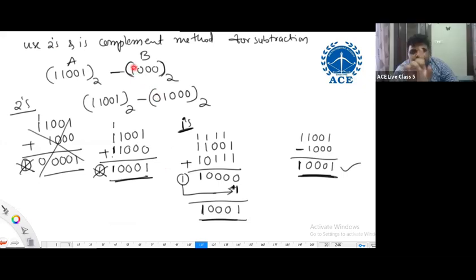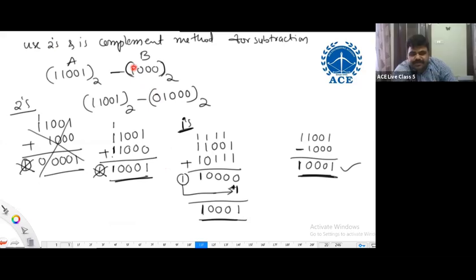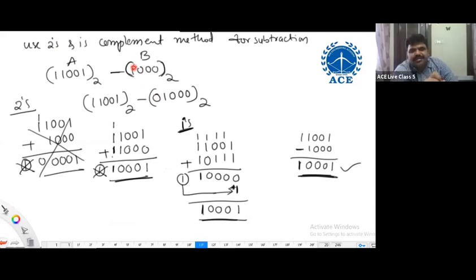No. It is an unsigned binary number. Clearly mentioned, these numbers are unsigned binary numbers. After taking the one's complement, two's complement, then you want to do extension? Please try.